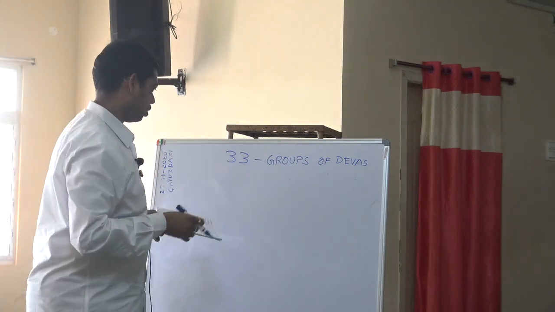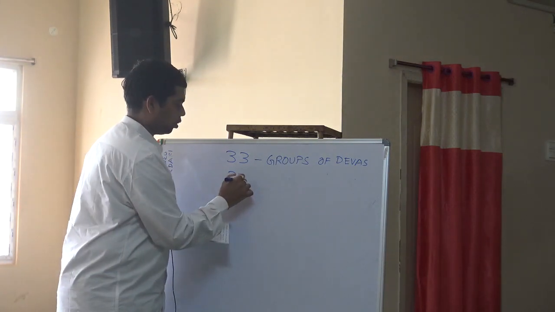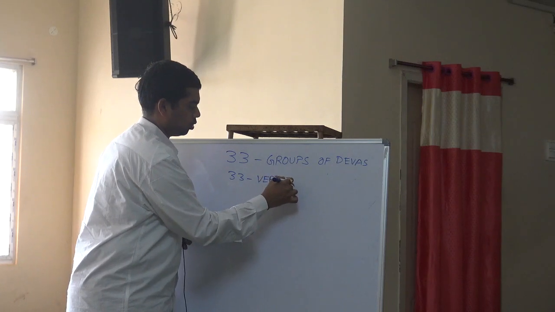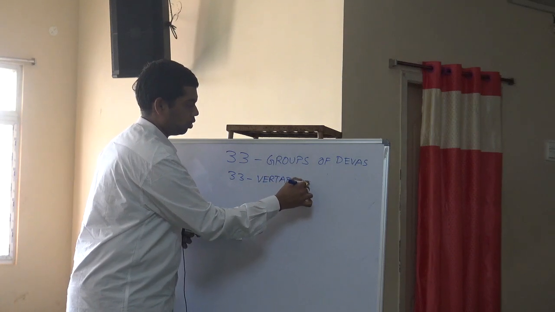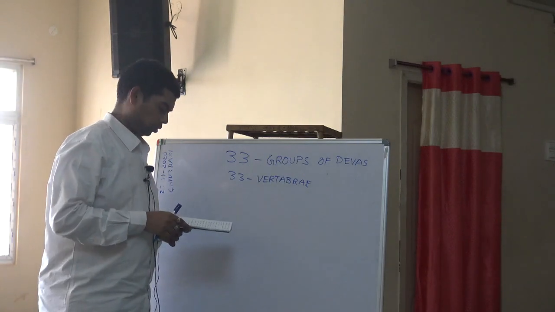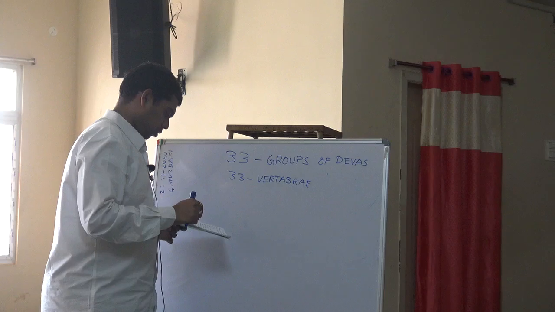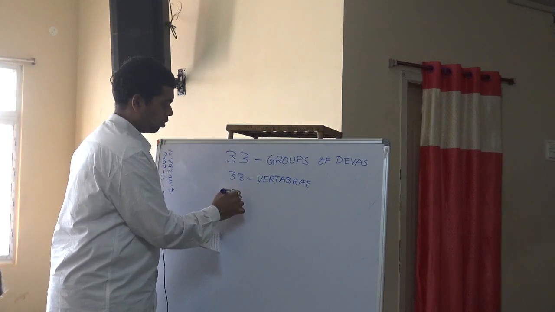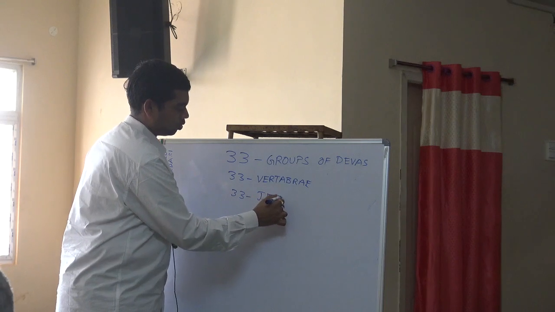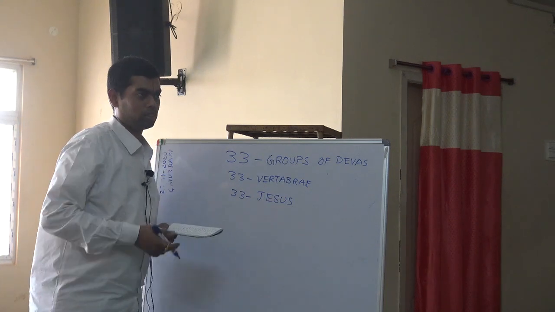And also in our spinal column there are 33 vertebrae. If you count the total number, it will be around 33. Jesus also lived for 33 years on this earth.